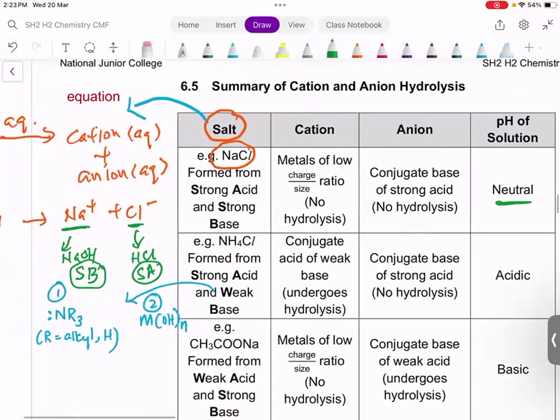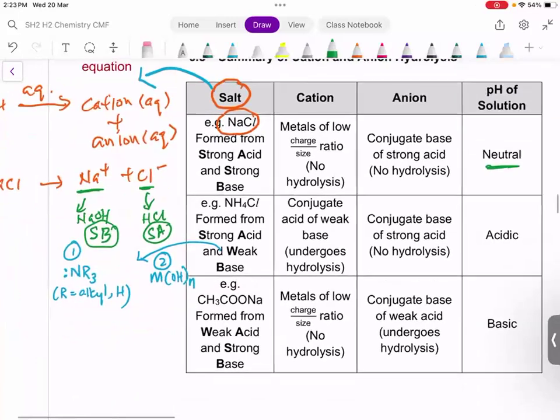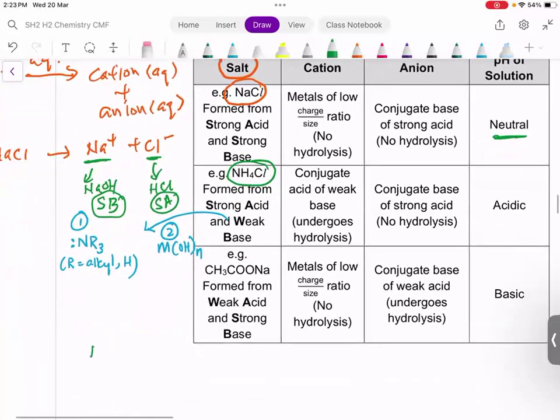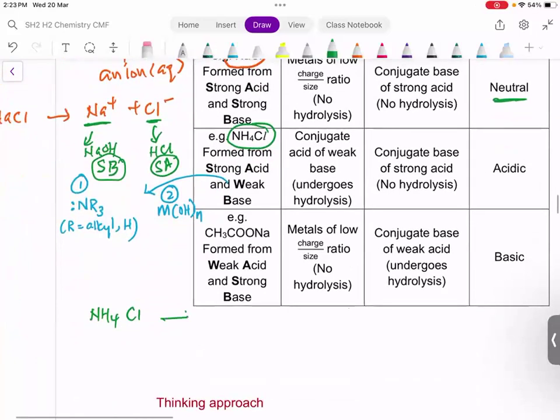Okay, so let's focus on ammonium chloride first. Ammonium chloride will dissociate in water to form the ammonium cation and the chloride anion. This comes from your base. So how do I get the formula of the base here? Remember, the conjugate acid-base pair only differ by 1 H+.